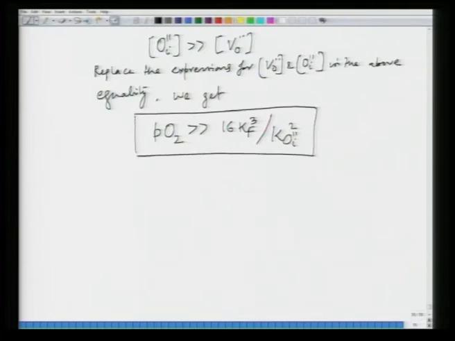So, which means on the higher pressure side PO2 must be larger than this particular value.